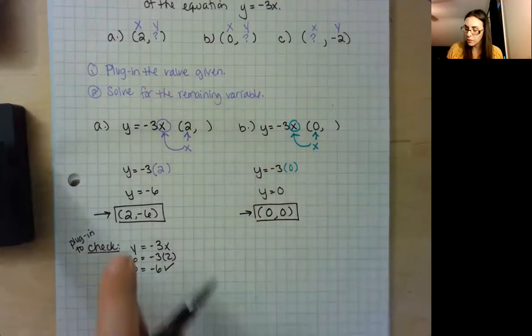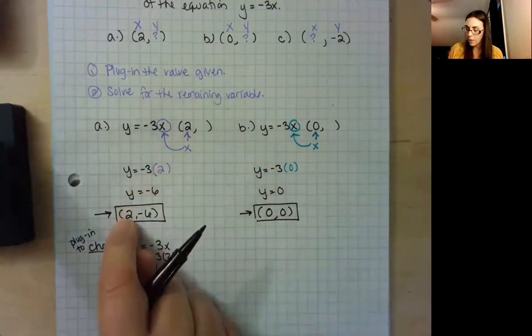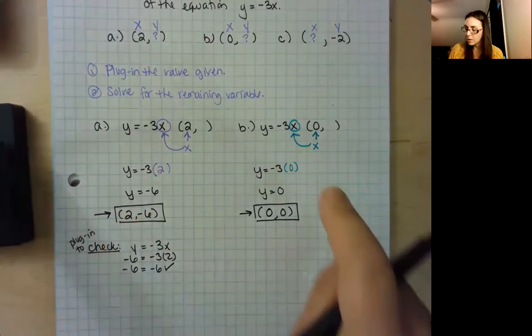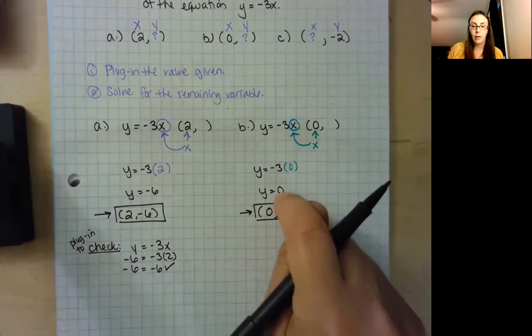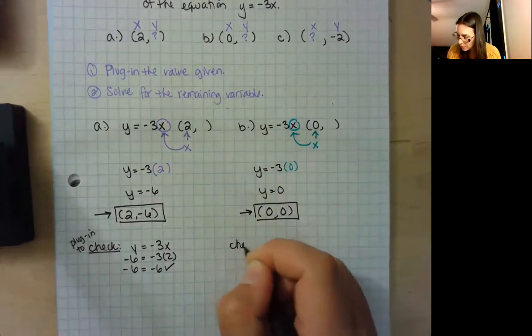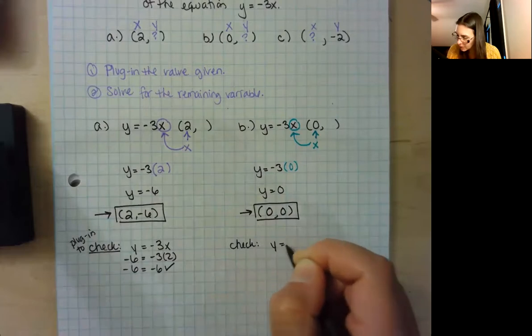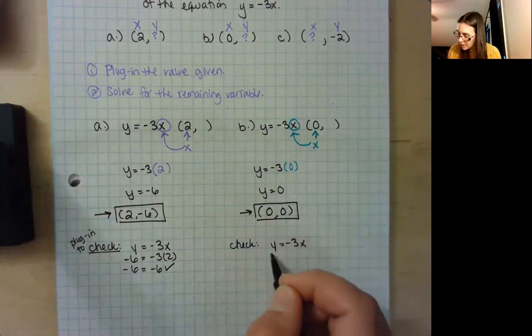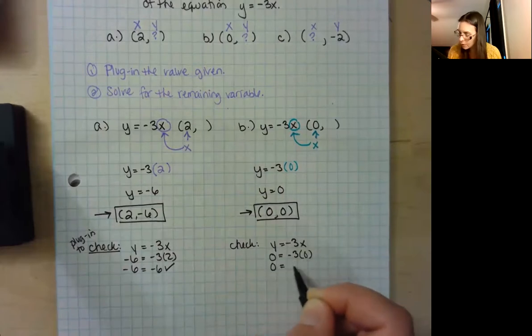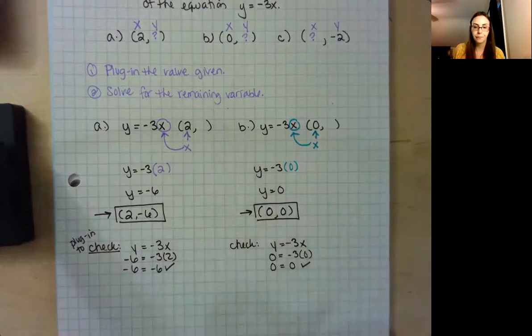So notice that my -2 was first here, and then my y value is -6. So it's still x comma y. Same thing here. My x value is 0, and it's the y value that I'm filling in. If I check this, I do see it's going to be true. So my y is 0, my x is 0, -3 times 0 is 0, so you do get a true statement.